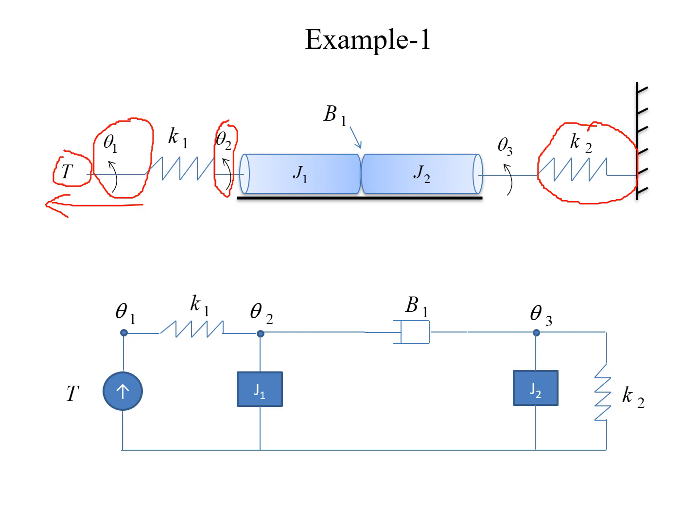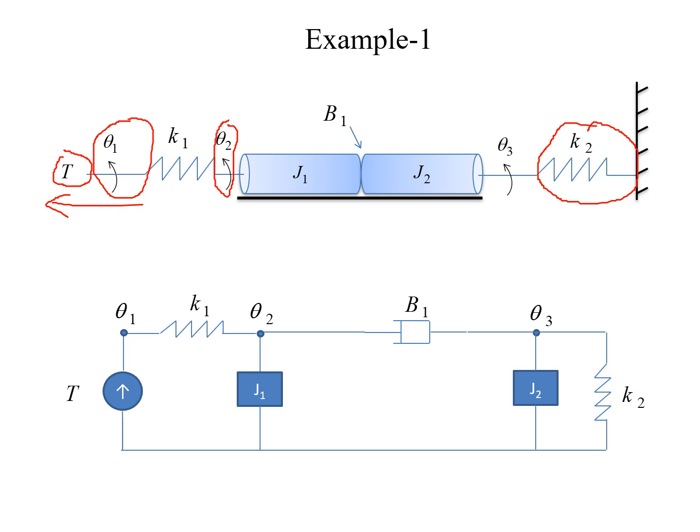Now moving to the next part, we have the inertia element J1 which is connected to theta2, and J1 is experiencing only the displacement theta2. So I am connecting J1 to theta2. Now J2 is experiencing the angular displacement theta3. So I am connecting J2 only to theta3.